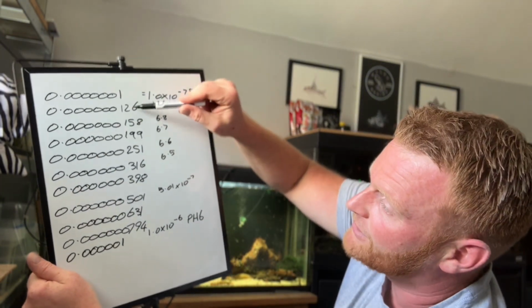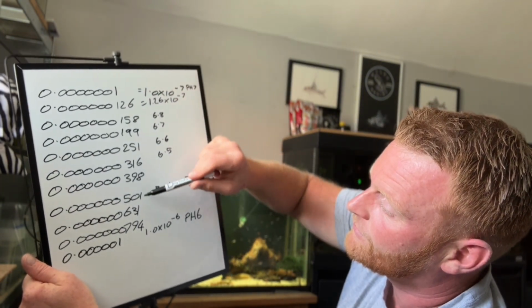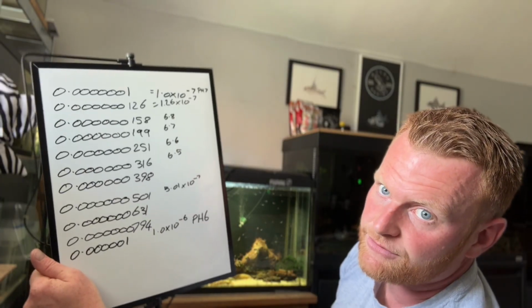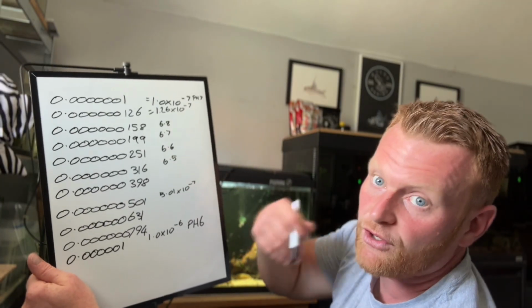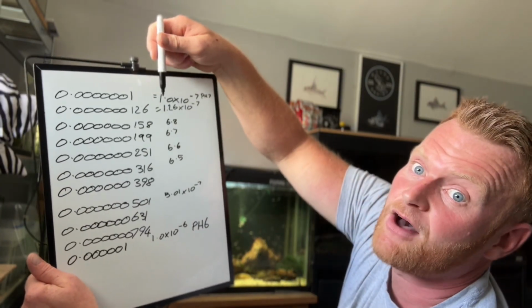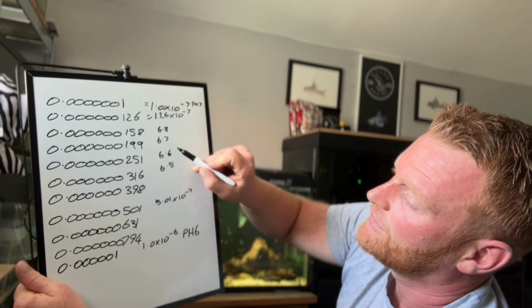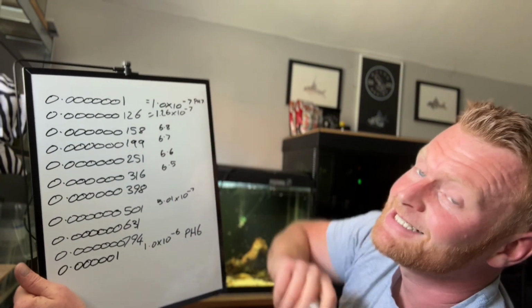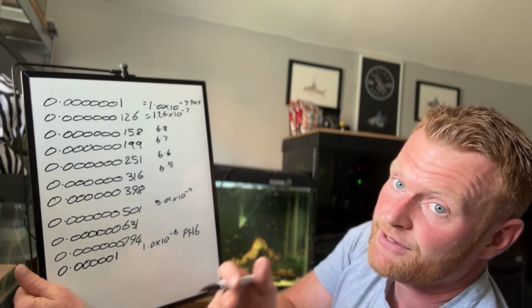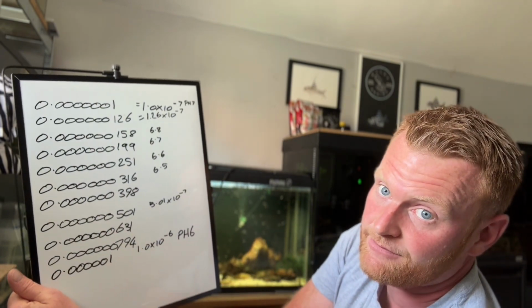Now, those numbers will never change. There's some rounding up that goes on, obviously, because this number is long as hell. But that is 6.8. That is 6.7. It's logarithmic. Remember, every jump is 10.